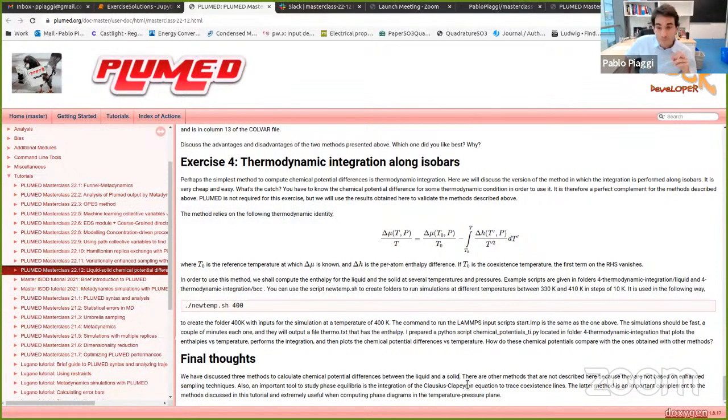And I'm mentioning this because in the same way that given one point, we can compute the chemical potentials with thermodynamic integration along isobars, given a coexistence point, we can obtain a whole coexistence line using the integration of the Clausius-Clapeyron equation. And this is very important in the context of the calculation of phase diagrams. And I thought that doing a tutorial without mentioning the importance of that technique would be a mistake. So at least I'm mentioning that that's something important in one's toolbox.